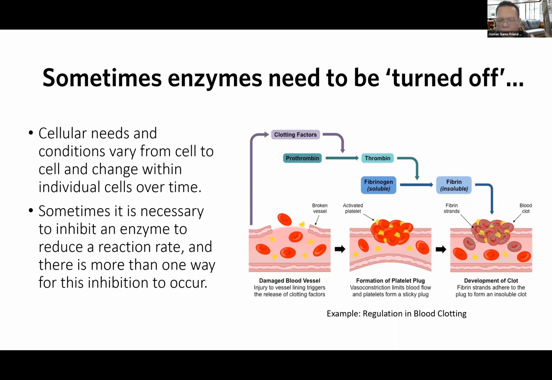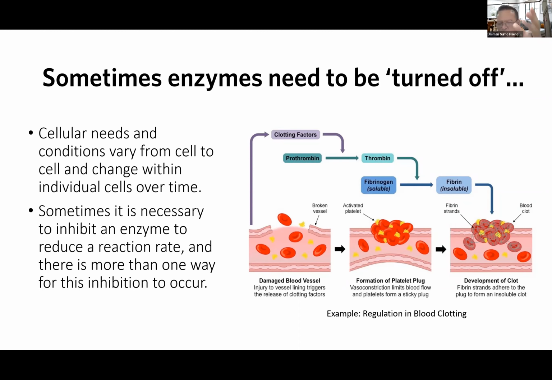Then let us look at the upper side. In the upper side, there is a clotting factor. A clotting factor will affect the conversion of prothrombin into thrombin. And this thrombin will affect the conversion of fibrinogen to fibrin.